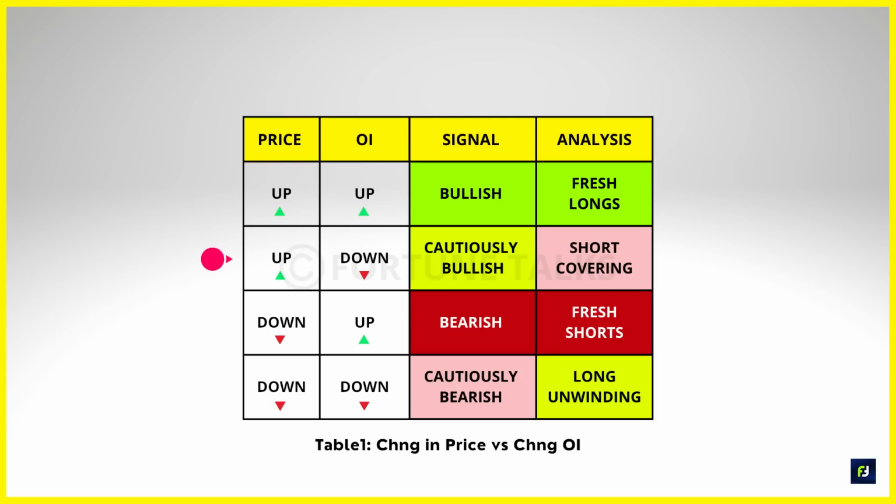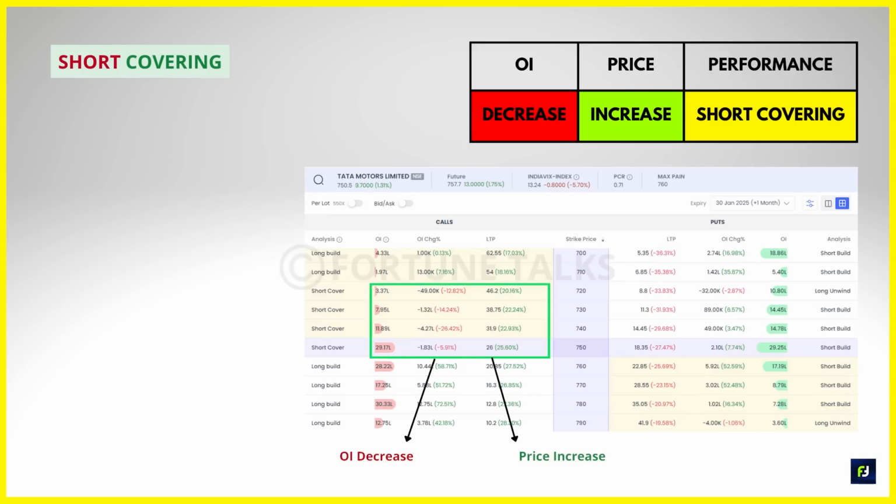Now, if the price is rising, but open interest is falling, it means the market sentiment is weakly bullish, indicating a short covering. If prices are rising, but open interest is falling, it means that the rise in the price is actually due to short covering and not really because of the bullishness or new long positions being created.